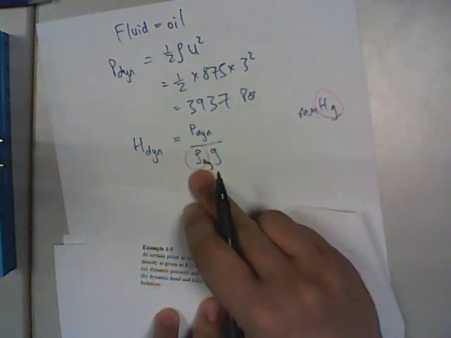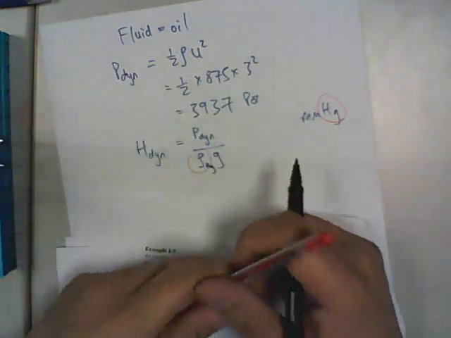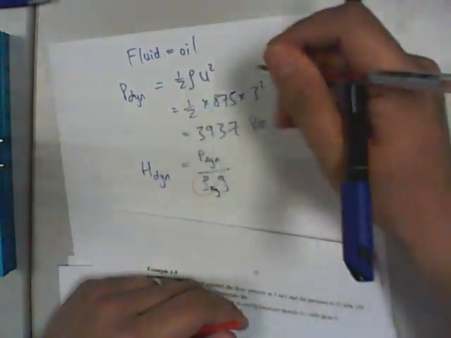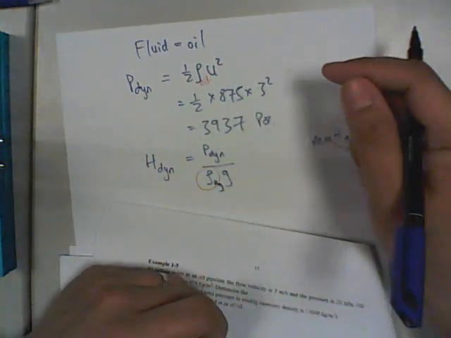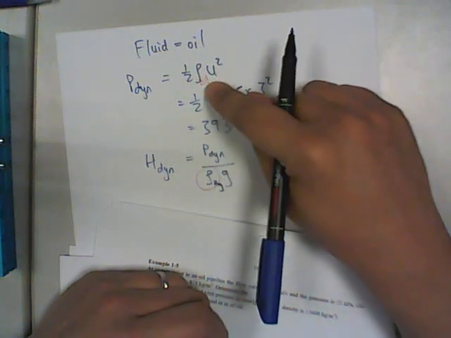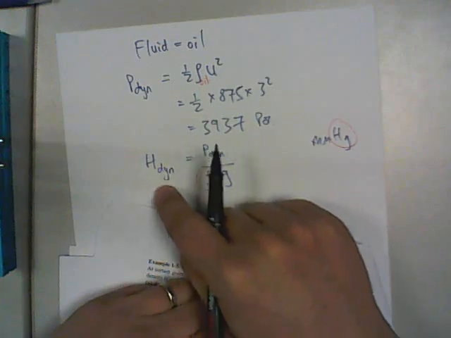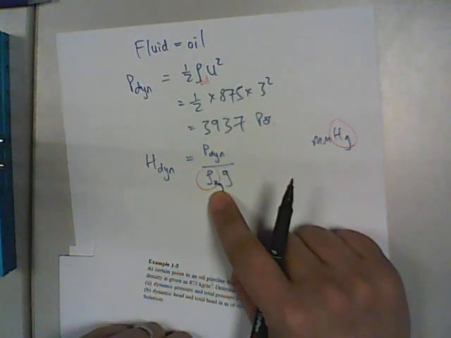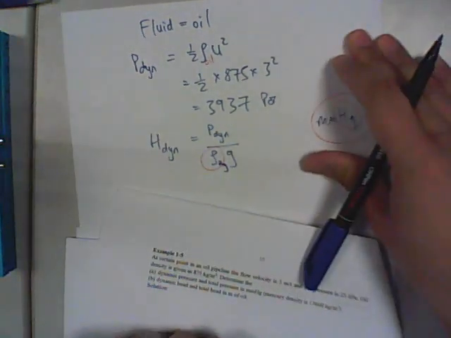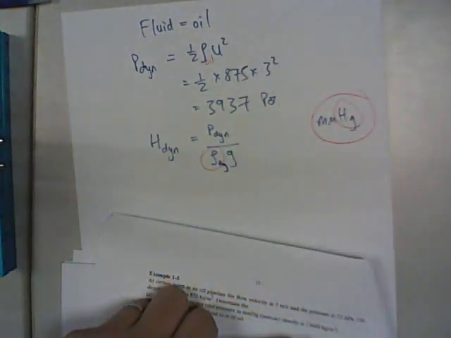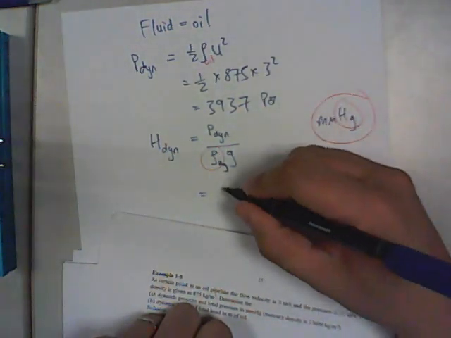So this density is actually the density of mercury, whereas when you're calculating the dynamic pressure, you're using the density of oil. So please do be careful. When you find the pressure, you're using the density of the fluid, but when you're expressing in terms of head, it can be in any kind of fluid depending on what you're asked to express. If you still can't get it, just rewind and rewatch this. If you still can't get it, ask your tutor.